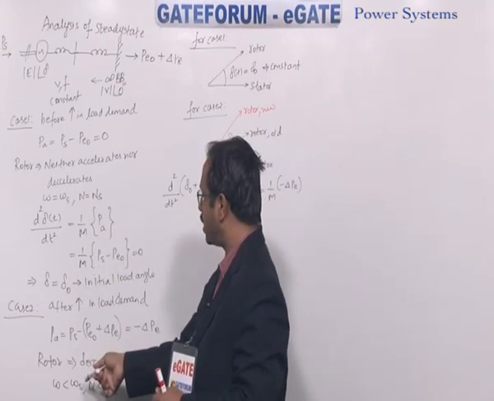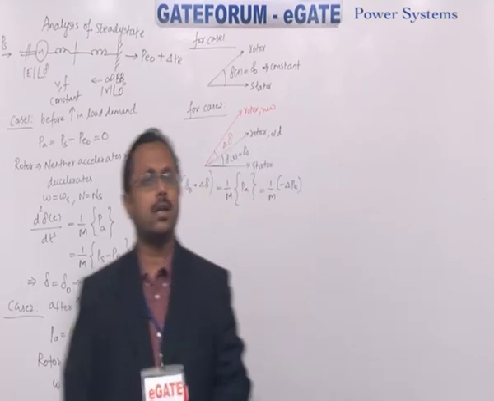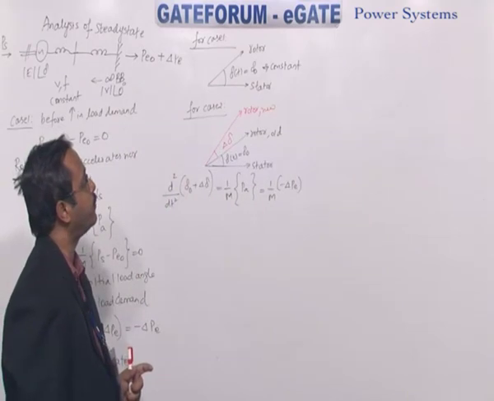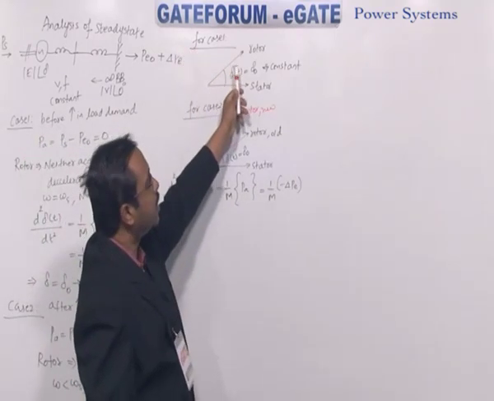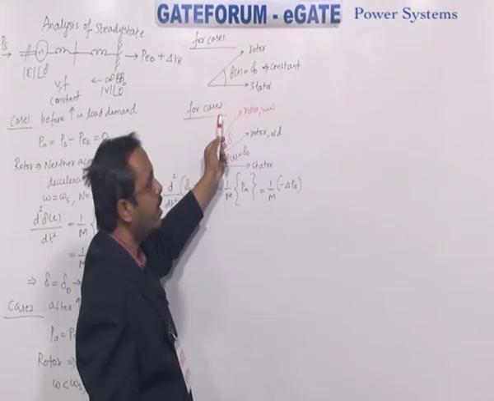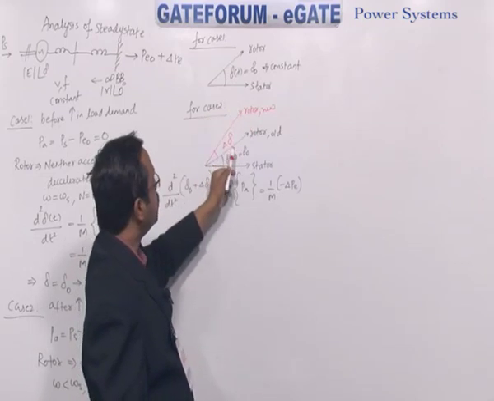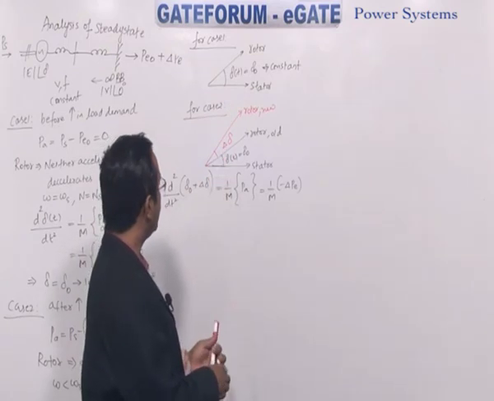Now less than omega s, or less than ns. Now you draw the positions of the rotor with respect to the stator. Before increase in the load demand, delta naught is constant. After increase in the load demand, you have the new position of the rotor displaced by angle delta here.